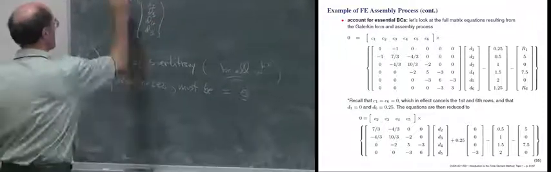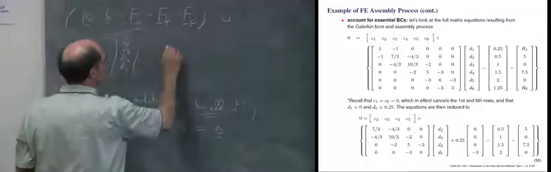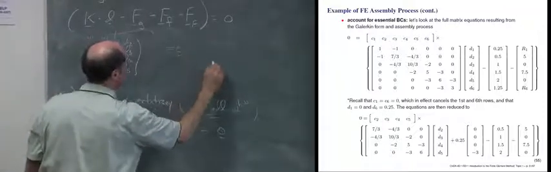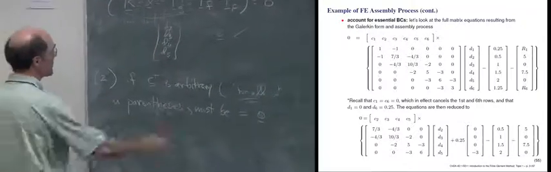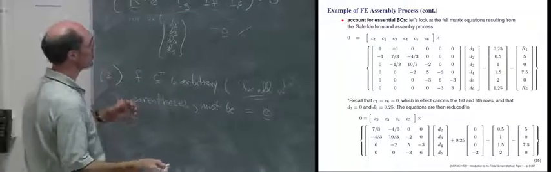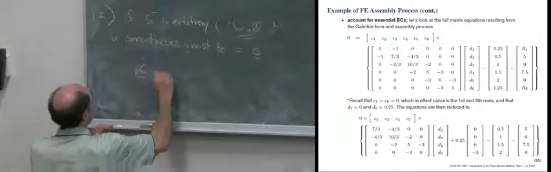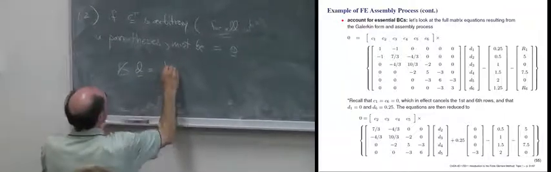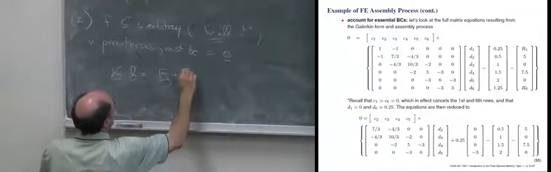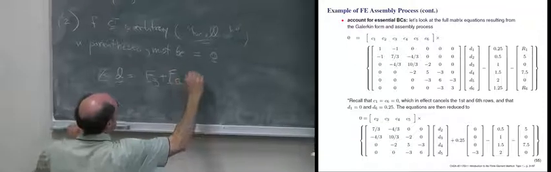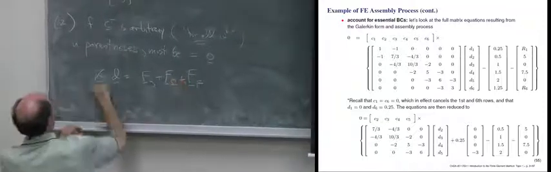In this case, it's equal to a vector. So this is a vector equation. This must equal 0. So if that equals 0, and based on the previous question, if you rearrange the terms, you get k times d equals f sub g plus f sub little f plus f sub capital F, like that.